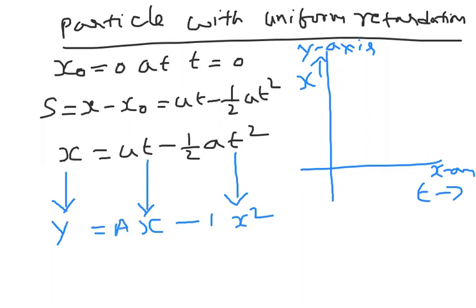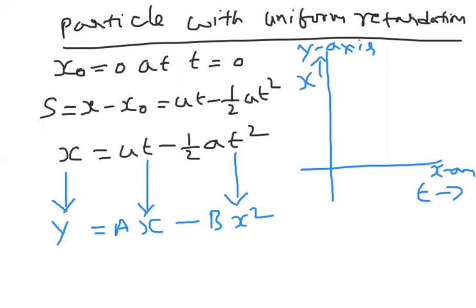So y is equal to ax minus bx square. Before x square, you observe, we have a negative sign. If x square is there, it is a parabola. But before x square we have a negative sign.